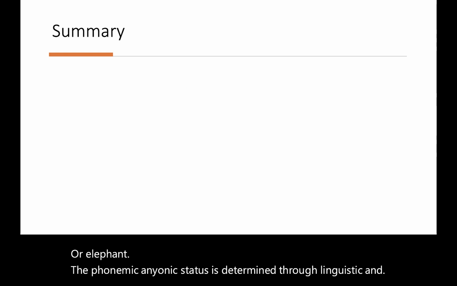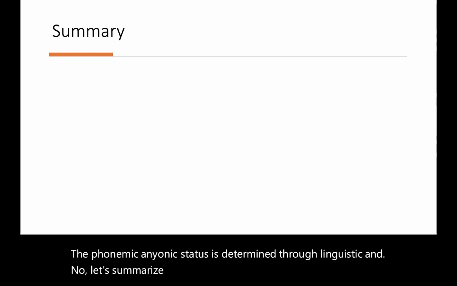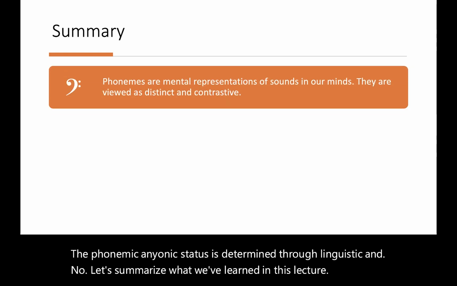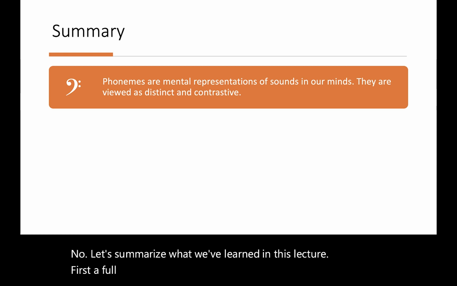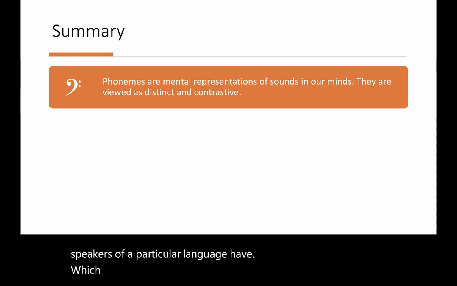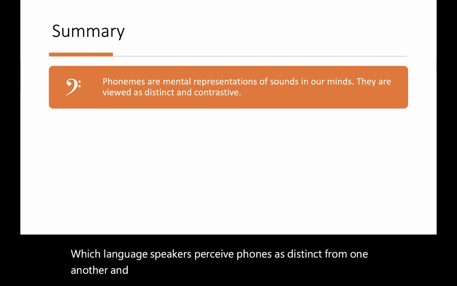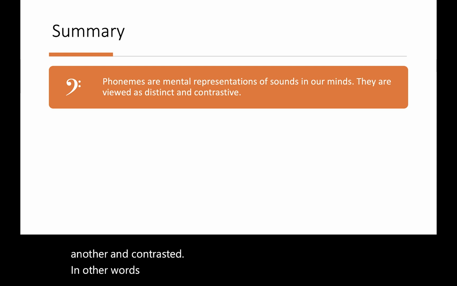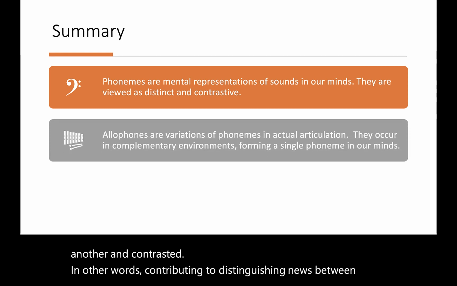Now, let's summarize what we've learned in this lecture. First, a phoneme is a mental representation of a sound that speakers of a particular language have. In each language, speakers perceive phonemes as distinct from one another and contrastive, in other words, contributing to distinguishing meanings between words.